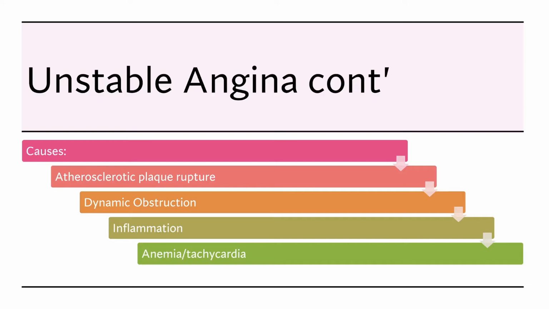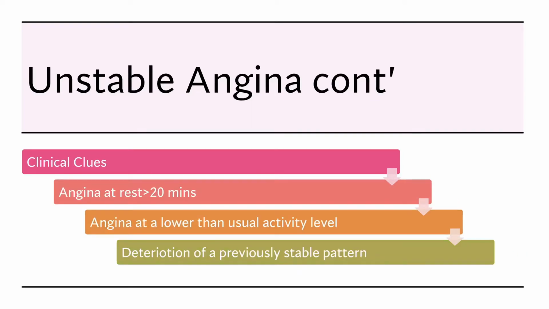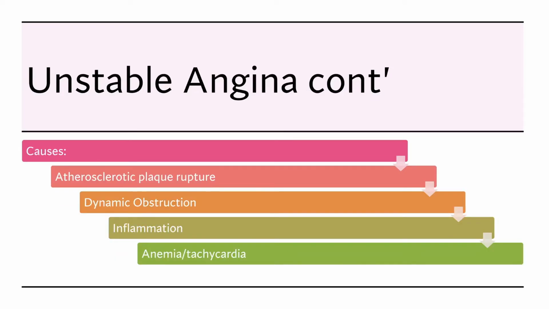Inflammation, some type of other irritant has caused inflammation, from an infection, or who knows, or anemia or tachycardia, some other thing that's causing what used to be an adequate amount of blood to not be anymore, like decreased oxygen carrying capacity in the case of anemia, or decreased cardiac output in the case of tachycardia. Or, I'm sorry, with tachycardia, it'd be increased oxygen demand due to increased heart rate.